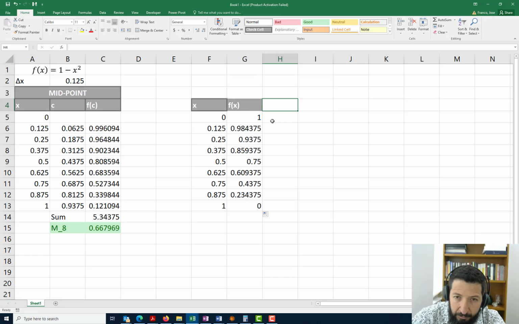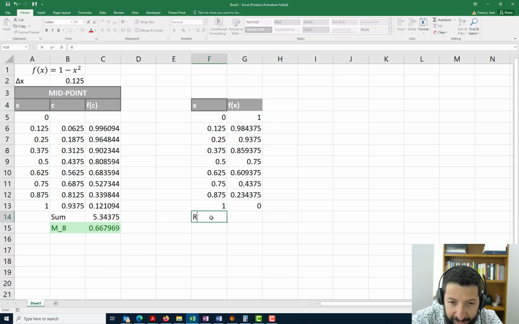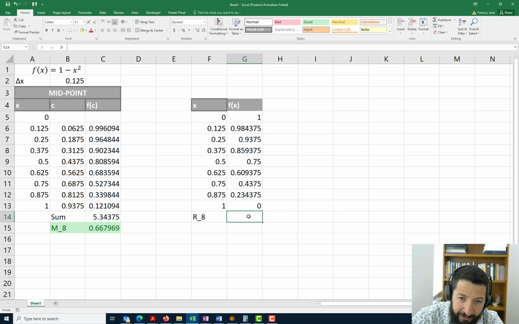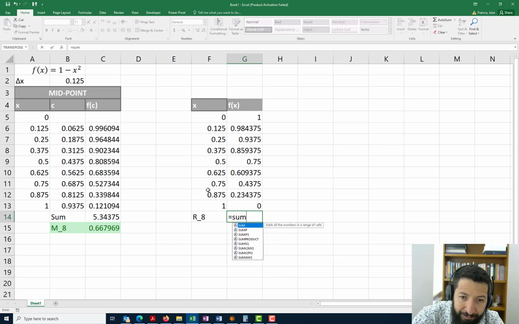Now, what you can do is compute your Rn and your Ln. So the right sum, in this case R8, because we have 8 rectangles. So when you start summing on the right, you grab the values of the function starting at 0.125. So you're going to sum these first values here.